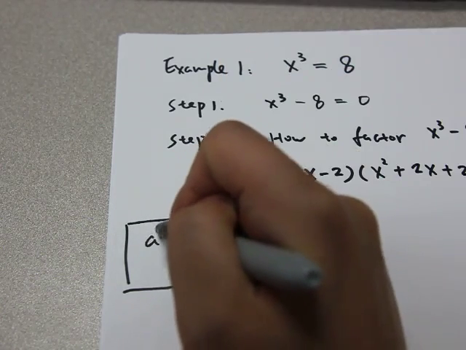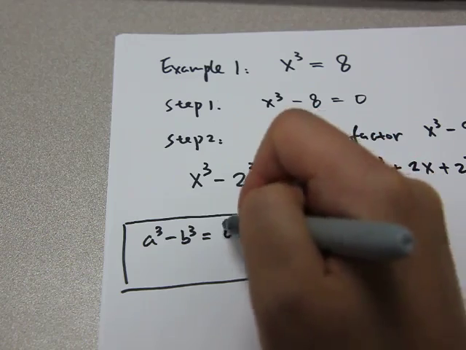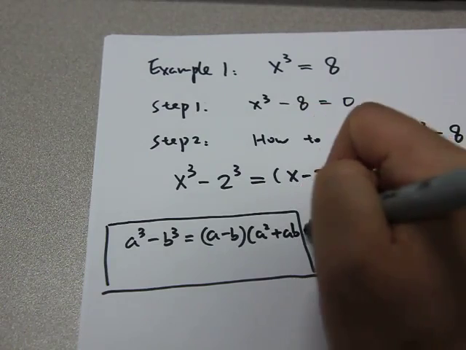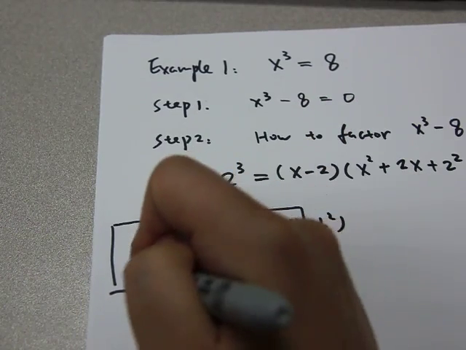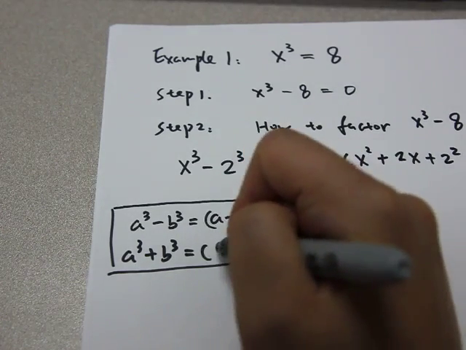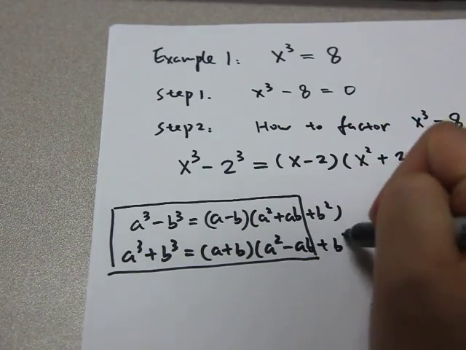The formula is like this: when you have a cubed minus b cubed, you can factor this into a minus b times a squared plus ab plus b squared. And if you have a sum of 2 cubes, you can factor this into a plus b times a squared minus ab plus b squared.